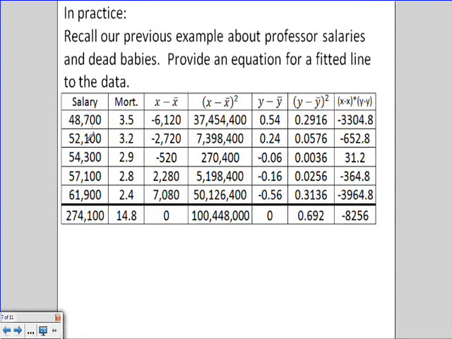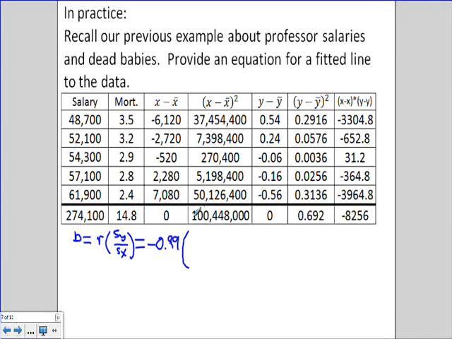So let's talk about our previous example to do some calculations. First, we want to calculate the slope term b. We know this is r times the standard deviation of y divided by the standard deviation of x. We know from our previous work that the correlation coefficient r is negative 0.99.